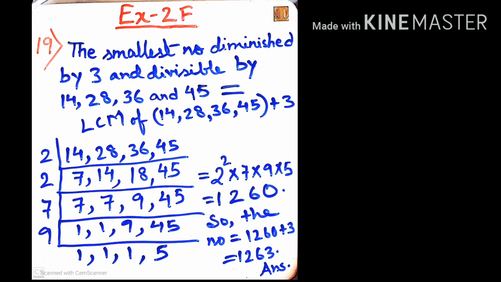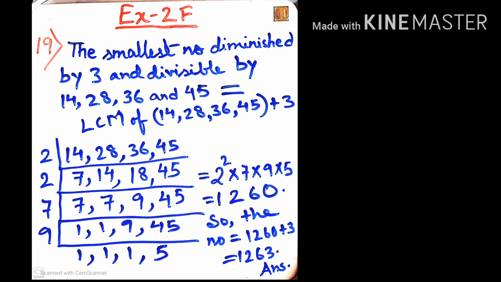Okay. Now next question is question number 19, where we have to take out the smallest number which when diminished by 3, diminished means subtracted, okay, is divisible by 14, 28, 36 and 45. Take care of the question. What it is asking, the smallest number, that means lowest common multiple. We have to take out the LCM.